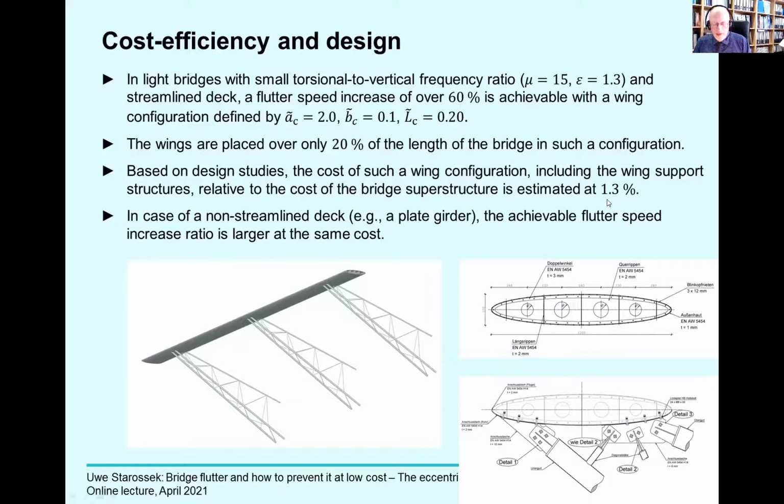This study has been done assuming a streamlined bridge deck. For non-streamlined decks, the achievable flutter speed increase ratio is larger at the same cost because the flutter speed without wings, in such a case, is lower, and therefore the wings are relatively more effective.